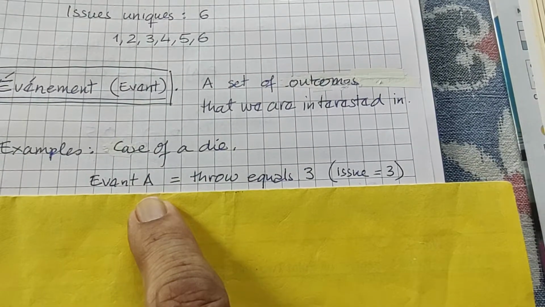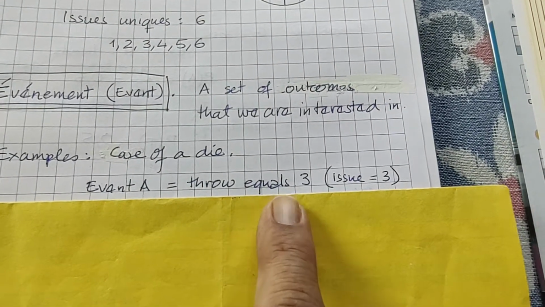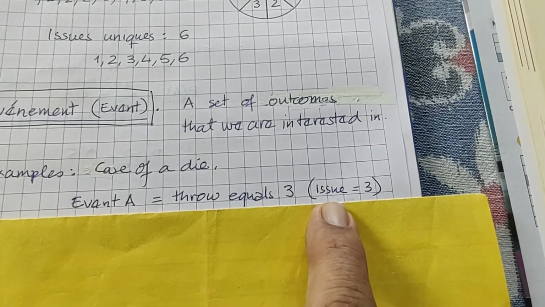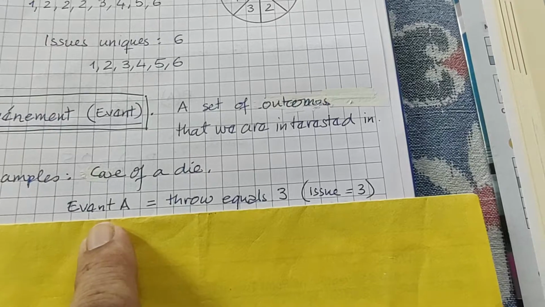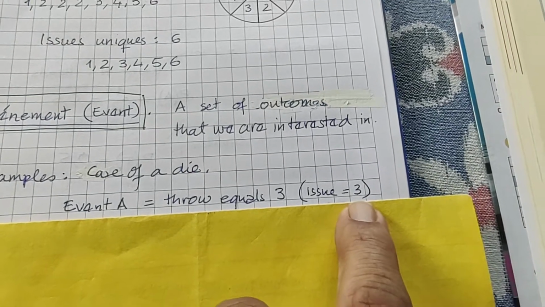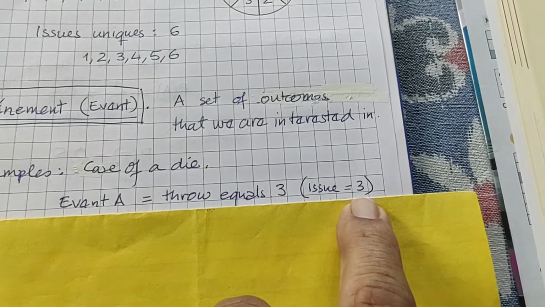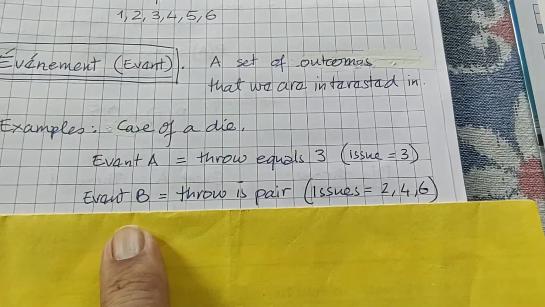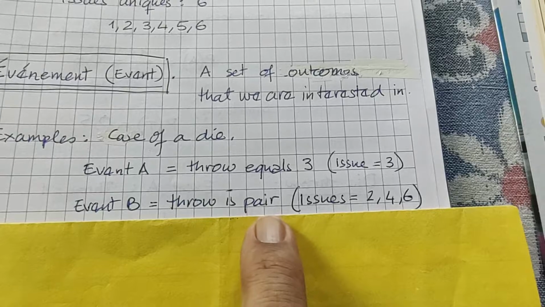So we are defining an event where, on a throw, we get 3. The outcome that satisfies and makes up this event is when the result is 3. We can say event B, we can define another event when the throw is pair.